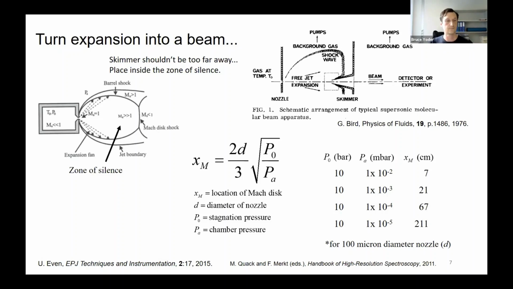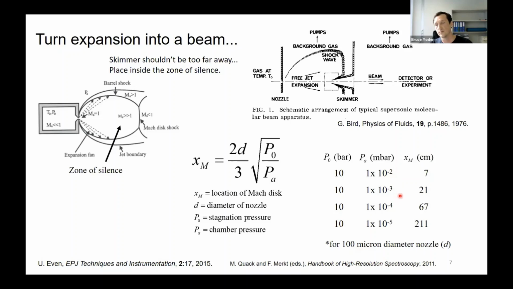Here I show a table of the location of the Mach disks for various stagnation and chamber pressures using a 100 micron nozzle. We see that expanding 10 bar stagnation pressure into a chamber of 10 to the minus 2 millibar would produce Mach disks that are only 7 centimeters downstream from the nozzle.